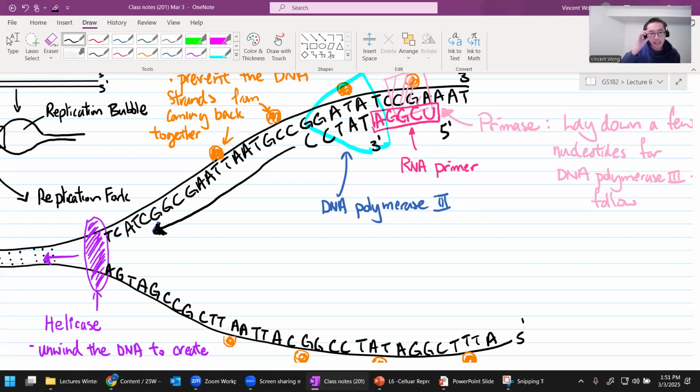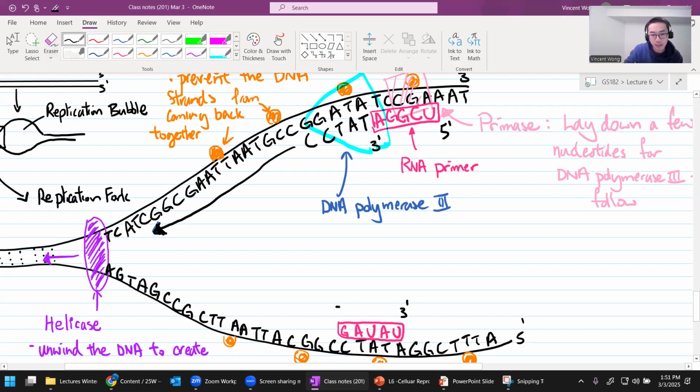Let's take a look at the other strand and see if we're going to have a problem. So you're going to have another primase, and then you're going to have another primer here. So for example, you will have GAU, AU like that. That's going to be another primer. Now look, this is 5 prime, which means over here it's going to be an opposite number.